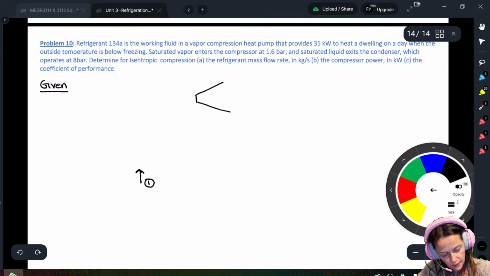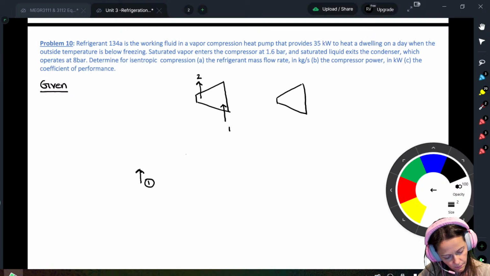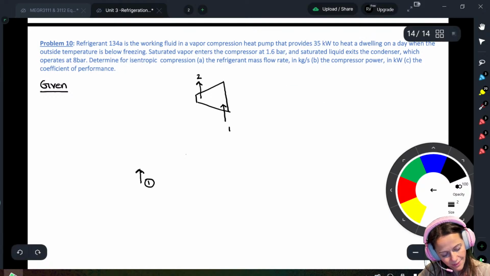Sometimes we draw it like this, a compressor going like this. I'm going to erase this in a hot second. Sometimes we'll draw it like this. Oops. I just drew it the same way.